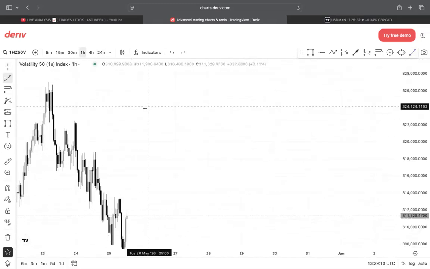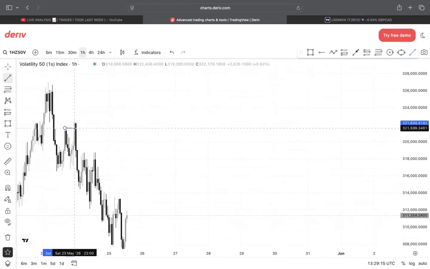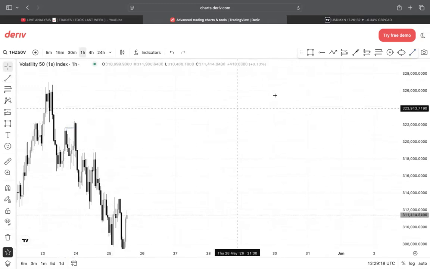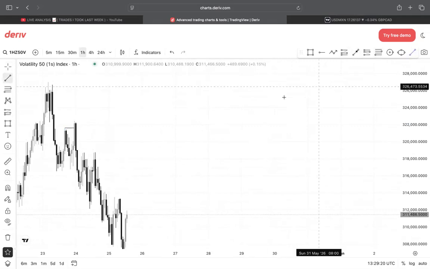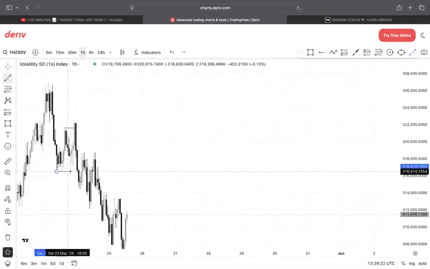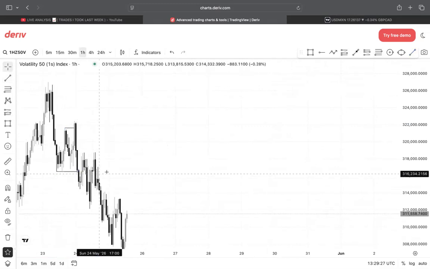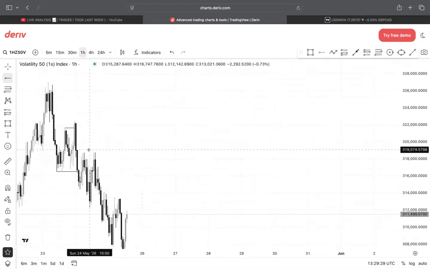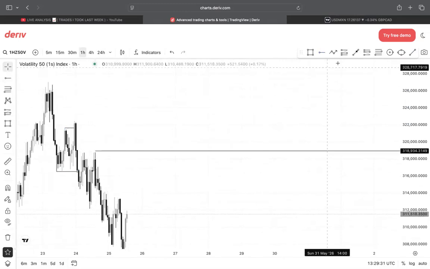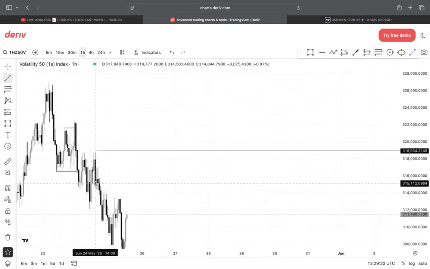So I have a sweep here, okay, and then we have a break of structure here, all right, and then we have our structural liquidity, which is this, and then we have a second break of structure, which is this.